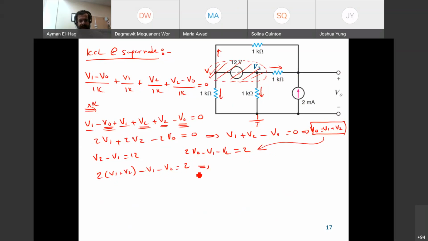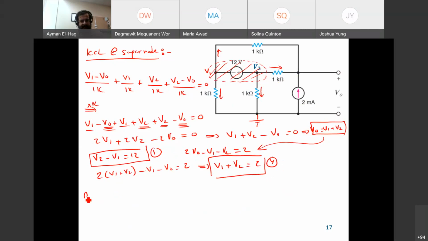So this will lead us to have V1 plus V2 is equal to 2. So now I have this equation and this equation. If I add these two equations together, let me call this equation number 1, and this equation number 4.